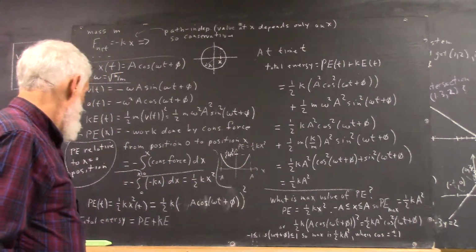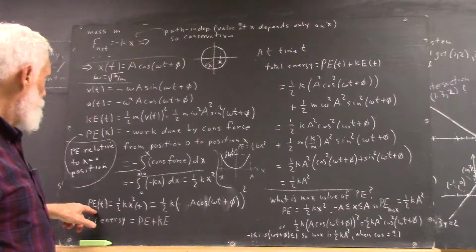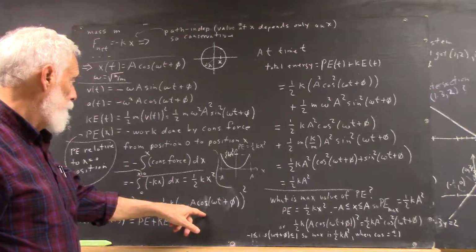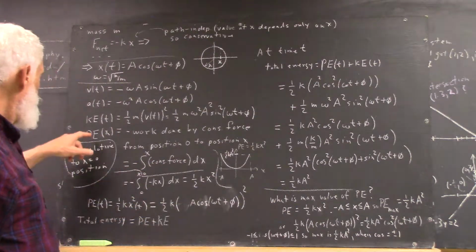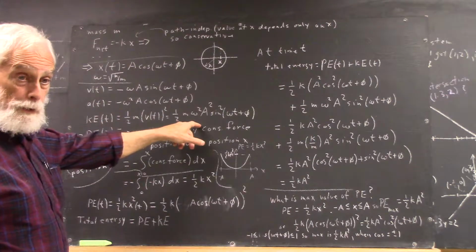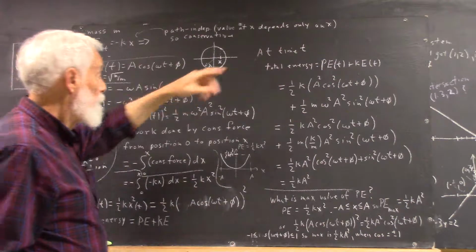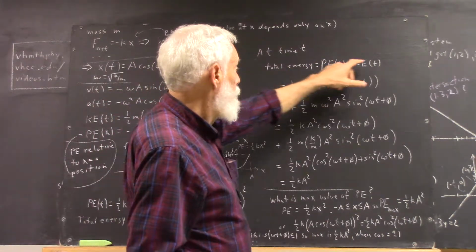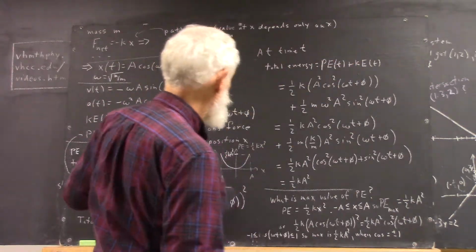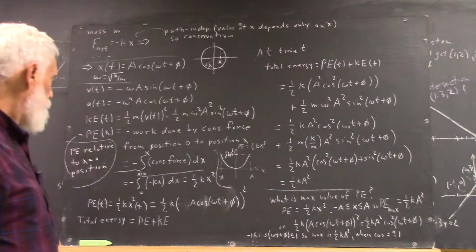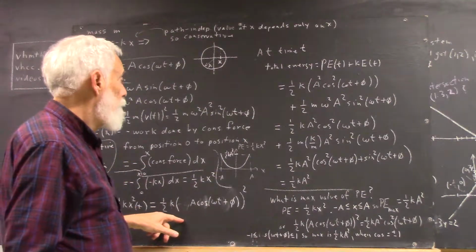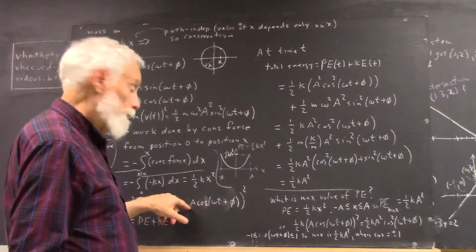Well, we have the expression for potential energy at time t here, and we have the kinetic energy at time t here. So we might as well do this at time t. So at time t, total energy is this plus this, so we just write down this expression, and I did square inside the parentheses.